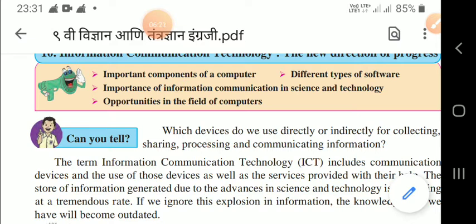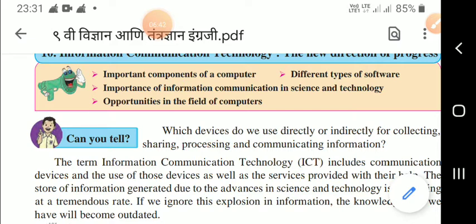Now, what are the devices used in information communication technology? Different devices are used for producing information and for communicating, saving, storing and managing information. For example, the telephone is used for sharing information by conversing with someone.